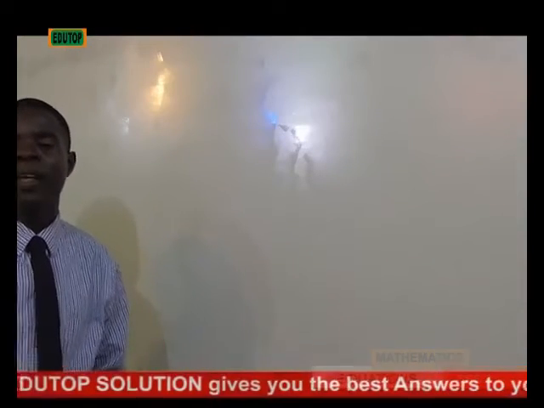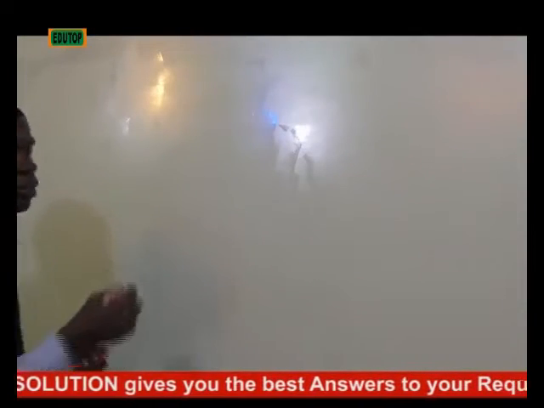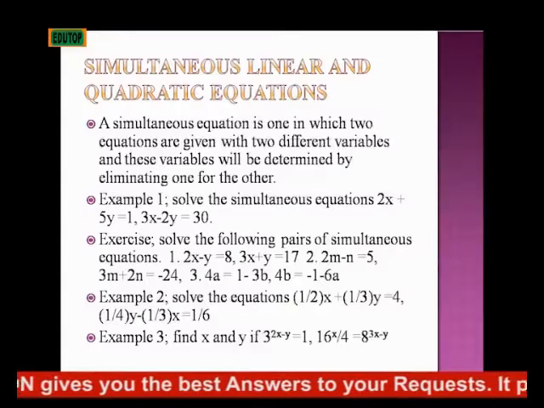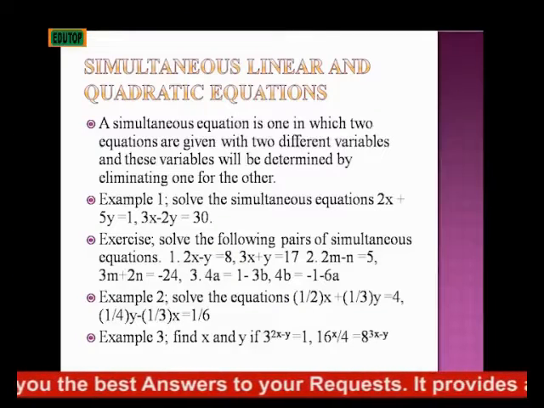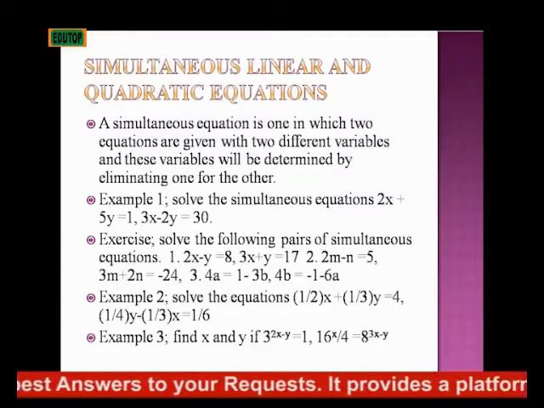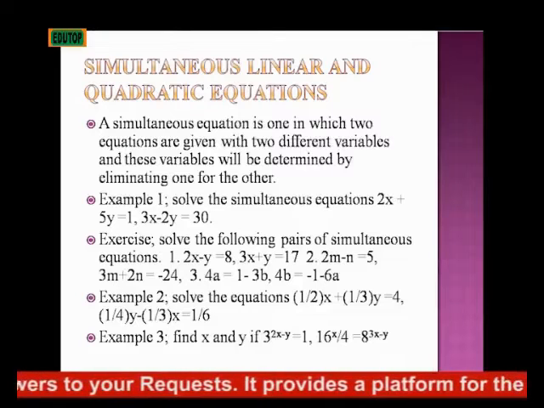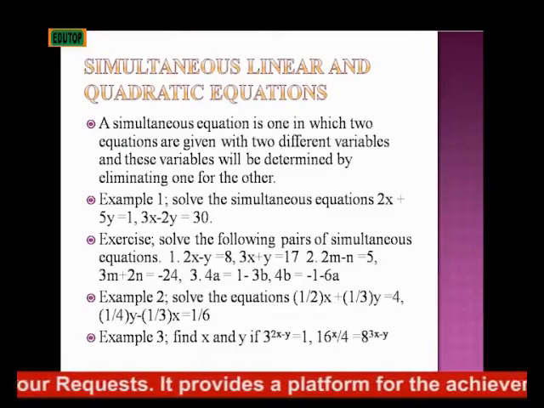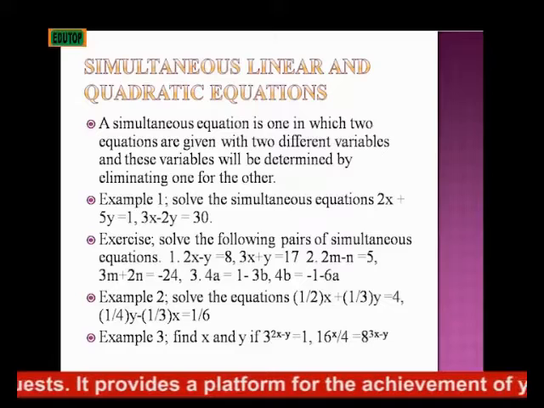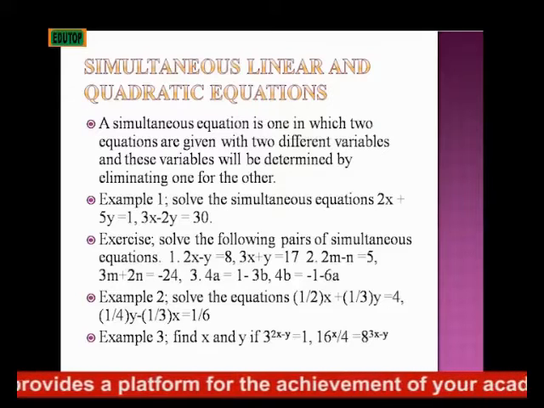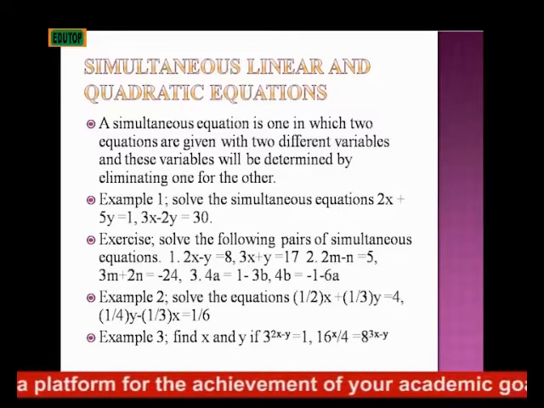Example 2. Solve the equations. You have 1 over 2x plus 1 over 3y equal to 4.